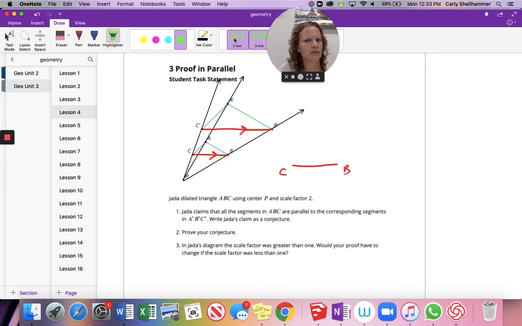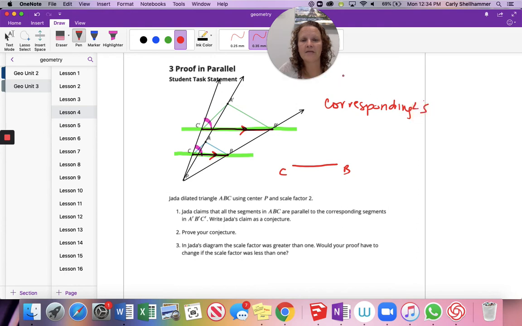Well, let's think about this for a second. What do we know if I just extend this a little bit? If we think they're parallel, what can we say about that angle and that angle? Okay, they are in fact corresponding angles.